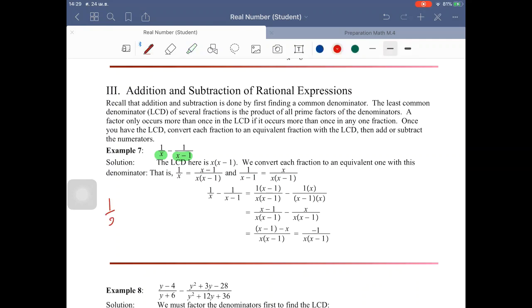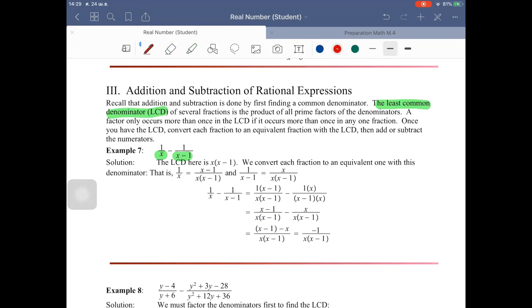For example, 1 over 2 plus 2 over 3. This one you can't add directly. You have to make the denominator equal, which is 6. So we need to find the least common denominator, LCD, and then we continue performing our addition or subtraction.